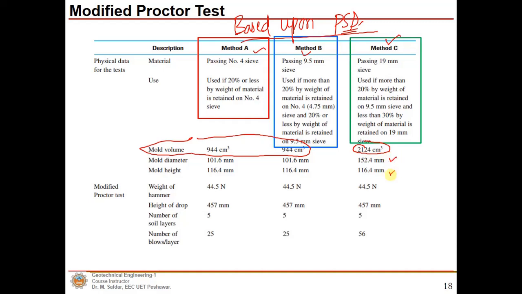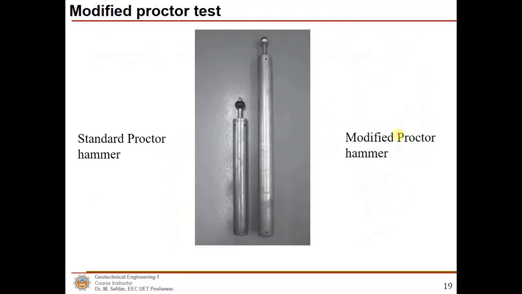The mold height is the same, the weight of the hammer is the same, the height of drop is the same, and the number of soil layers is also the same, but 56 blows are used in method C, and the mold volume and diameters are different. If you want to compare the standard Proctor hammer and the modified Proctor hammer, you can visually see the difference between those two hammers.